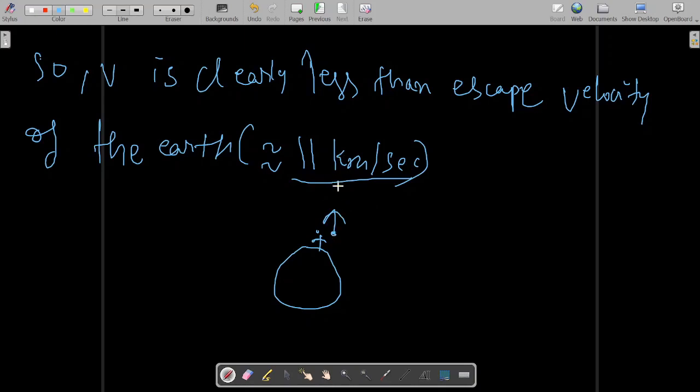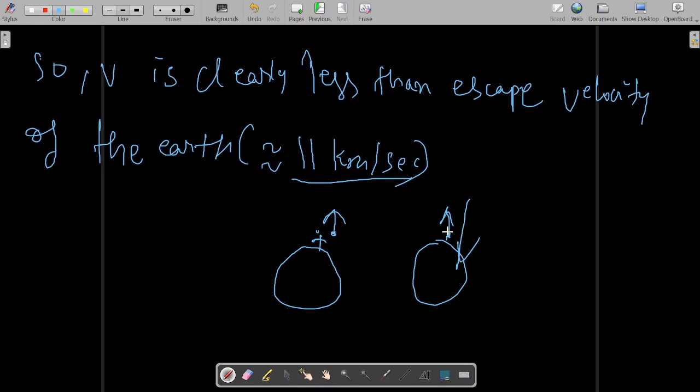That ball will escape from the Earth's gravitational field. It will go into space. But if you throw a ball with a velocity much smaller than 11 km per second, the ball will return to the surface of the Earth.